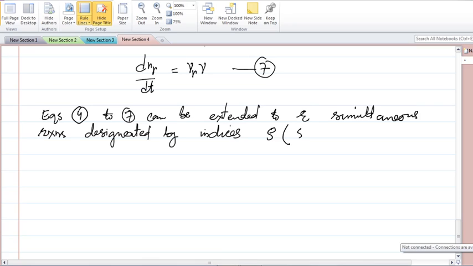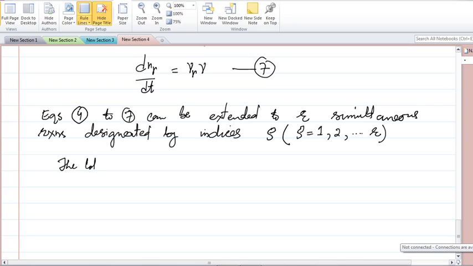For the first reaction rho will be equal to 1, second reaction 2, and third 3, and suppose R reactions are taking place, but they are simultaneous. You will understand this simultaneous in a bit, because we will take an example there.